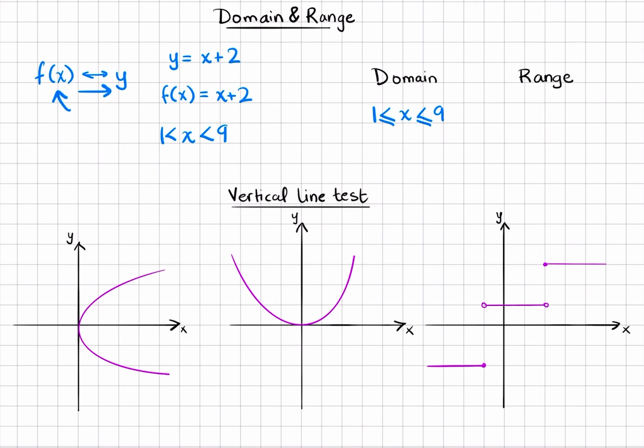Range is very similar, but it's for the output. So I'm giving a range of values for the output itself. So I use y or f of x, and then I'm doing the same thing. All right, so that's my domain and range.